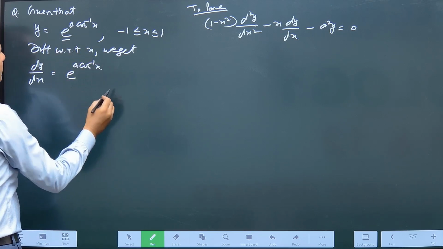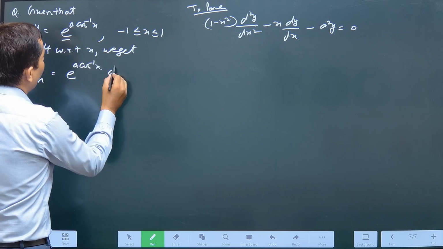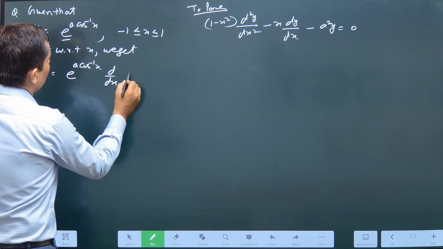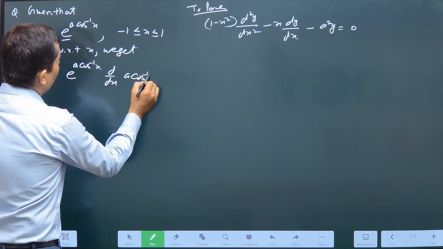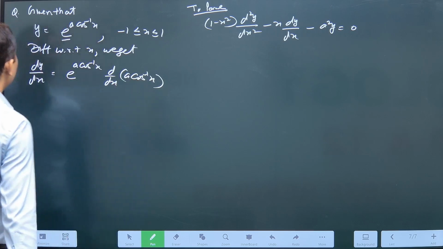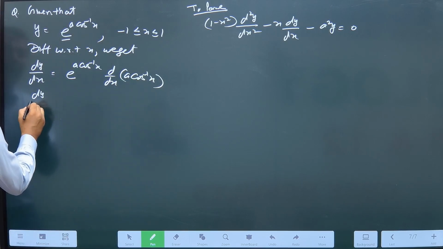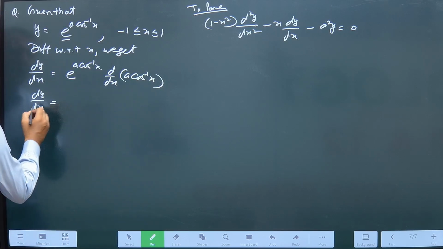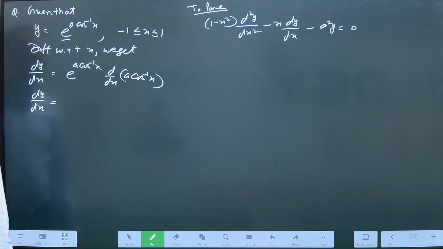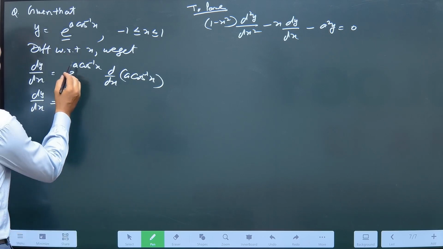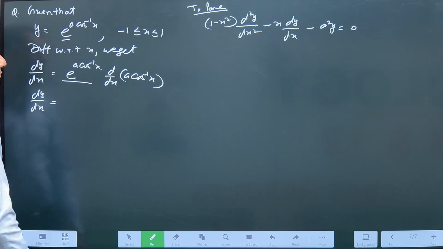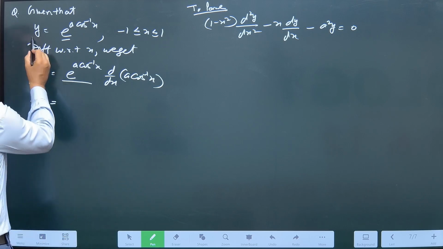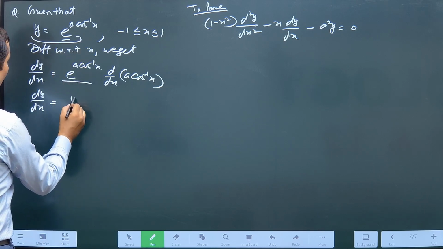Exponential derivative, then derivative d upon dx of cos inverse x. Understand? So your dy upon dx is equal to, what is the value of this? Substitute this y.